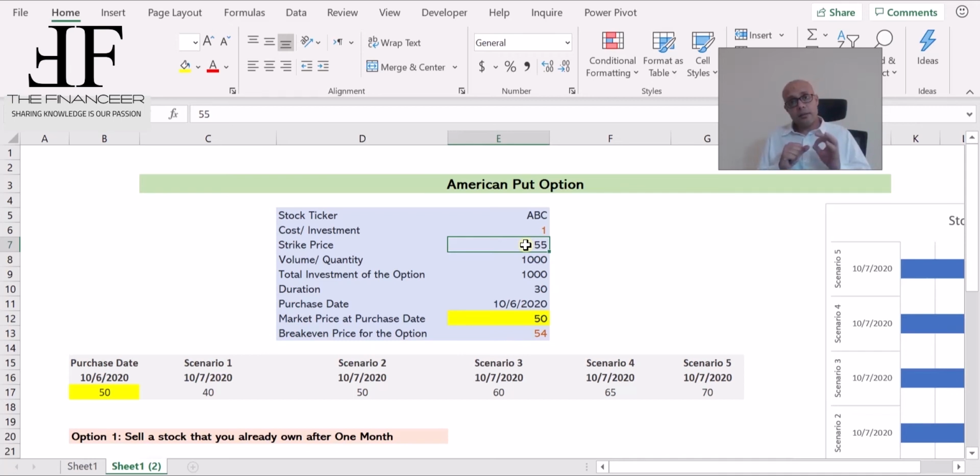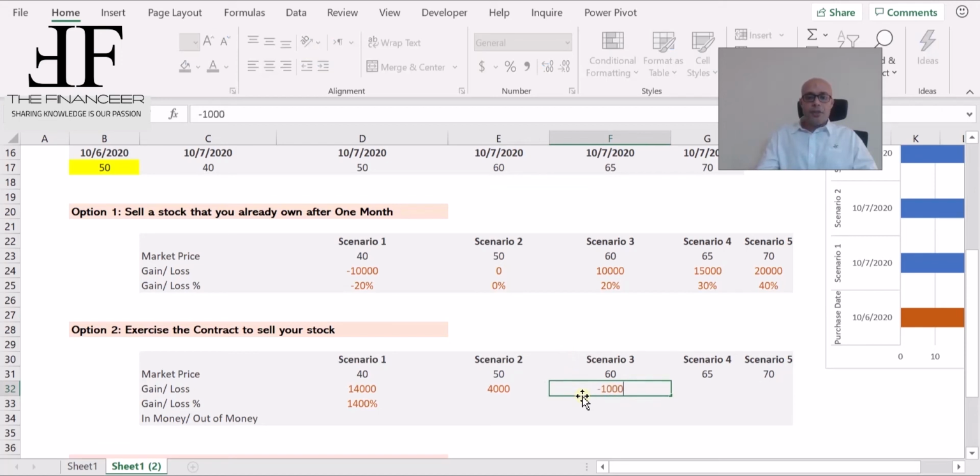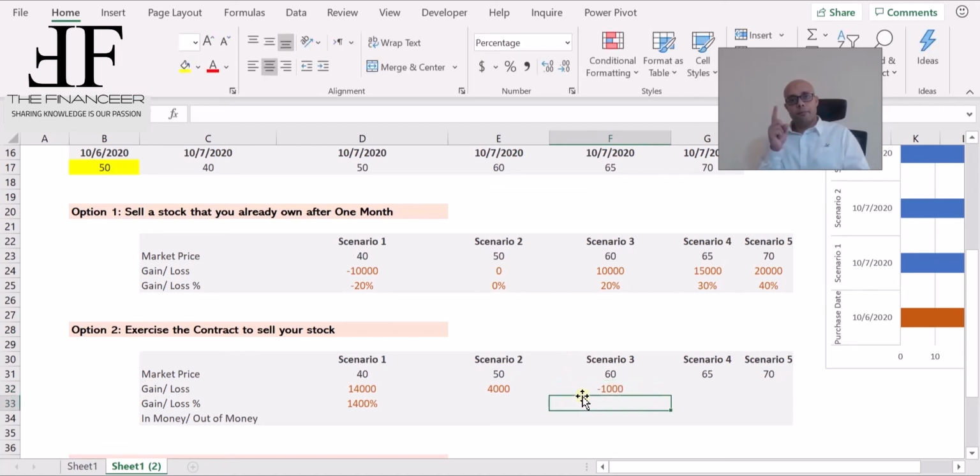In this case, you achieved a loss, and this loss is equal to the amount of the investment that you paid originally to purchase this put option contract, which is $1,000. So in this scenario, I will not exercise the option and I will lose the $1,000 that I paid in order to purchase this put option contract in the beginning. So this is your loss.